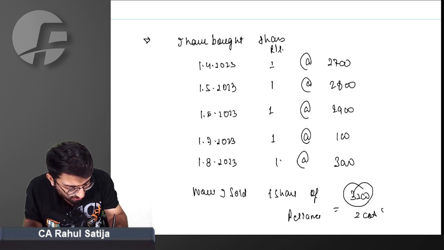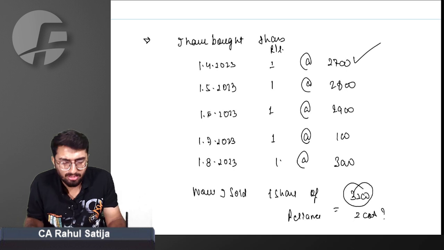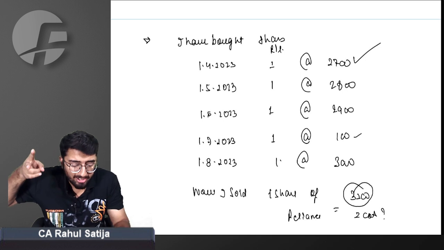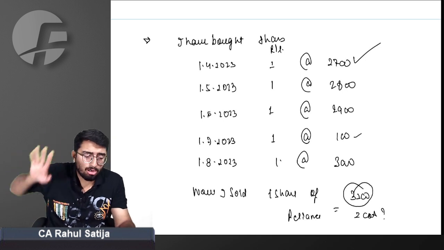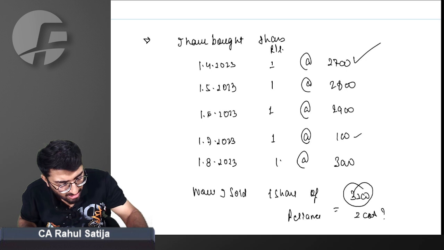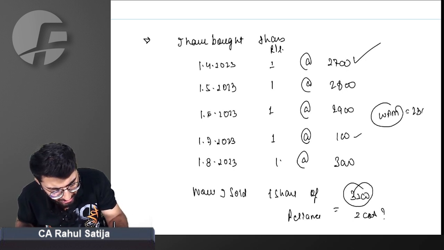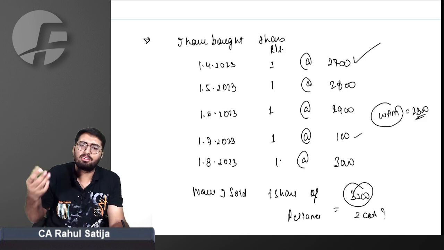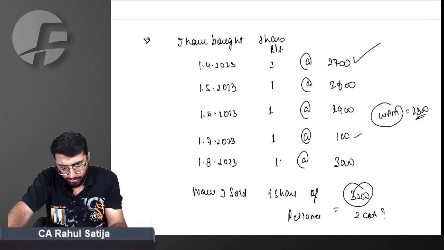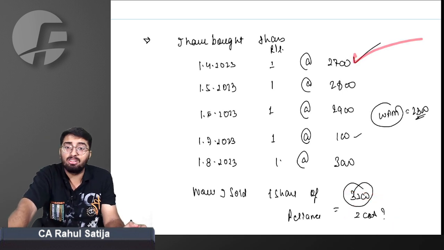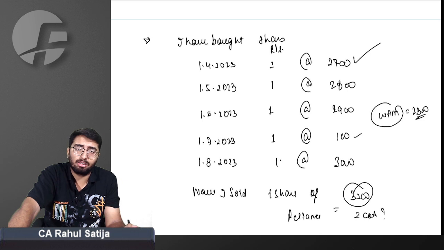What will be the cost of acquisition of such share? Will it be 2700 because it is the first share in the demat account? Will it be 100 because this is the oldest stock, or will it be the weighted average price as shown in the demat account, 2300?